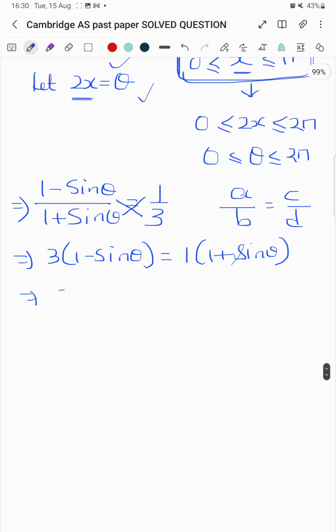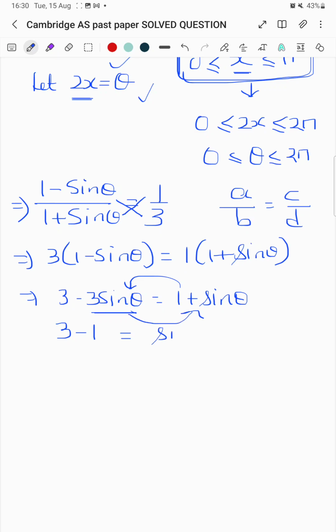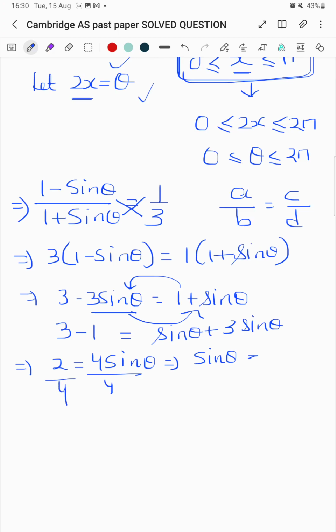So I got 3 minus 3 sine theta equals 1 plus sine theta. Taking the 1 to this side, it becomes 3 minus 1, and taking the negative 3 sine theta to the other side, it becomes sine theta plus 3 sine theta. So I got 2 equals 4 sine theta, and dividing both sides by 4, sine theta is equal to a half.